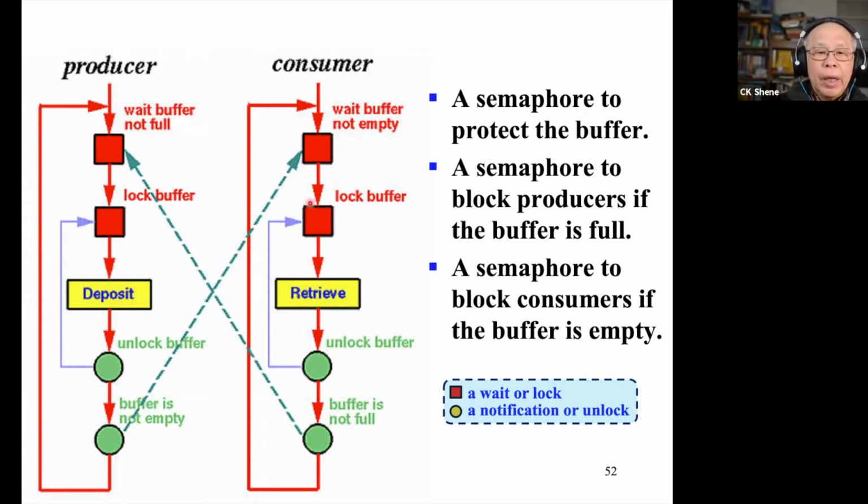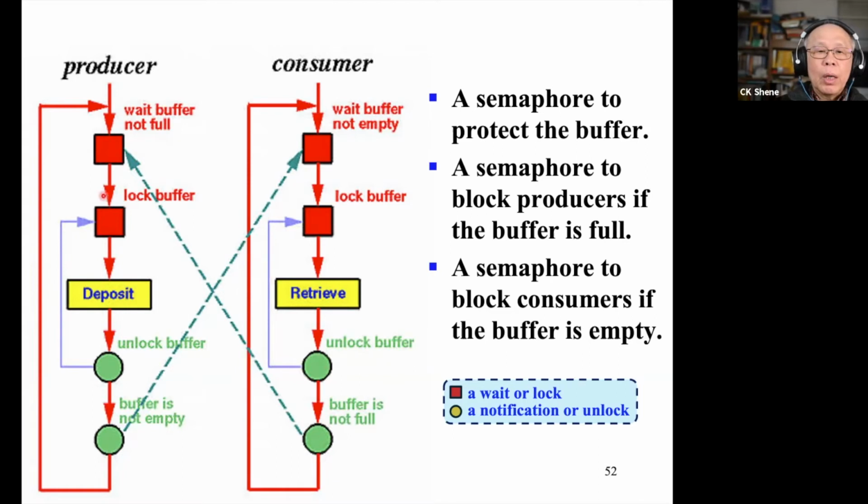Now, after adding something, the buffer is definitely not empty, so the producer notifies the consumer. And after the consumer retrieves something, the buffer is no longer full, so this consumer notifies the producer. As a result, you will see that we need 3 semaphores.